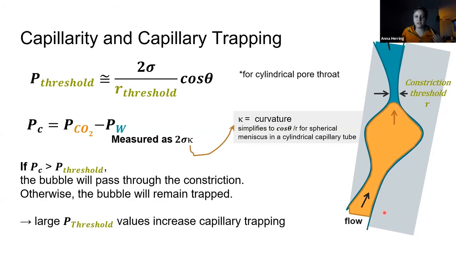So essentially, if the capillary pressure is sufficiently high, so if the CO2 pressure is much higher than the water pressure, then that can force this interface to become more tightly curved, and that will allow the bubble to push past the constriction. On the other hand, if the capillary pressure across this interface isn't large enough to exceed this threshold pressure, then the bubble is going to stay trapped below that constriction.